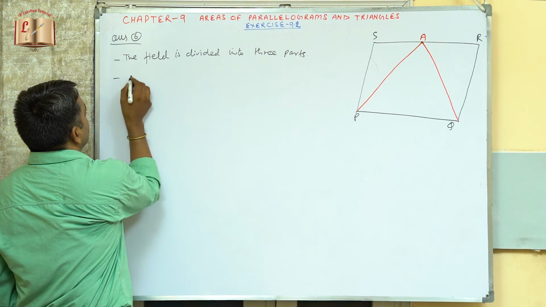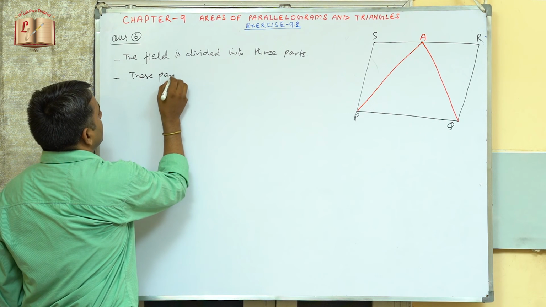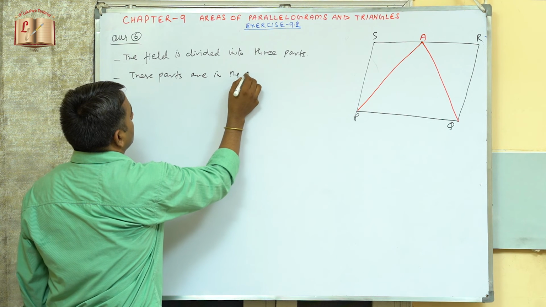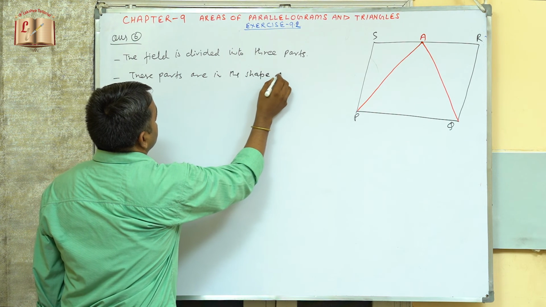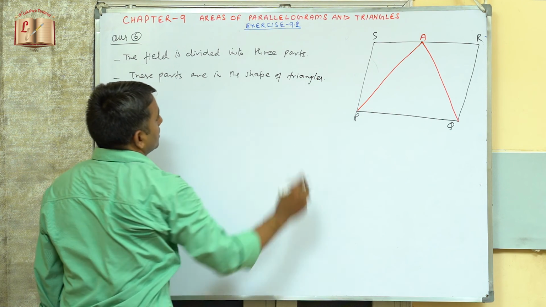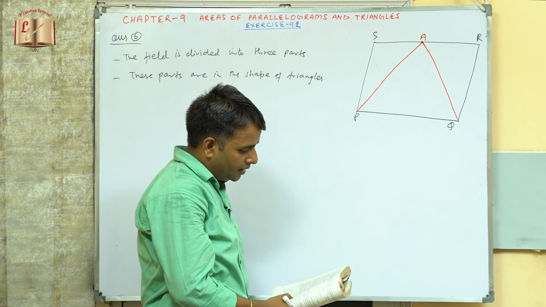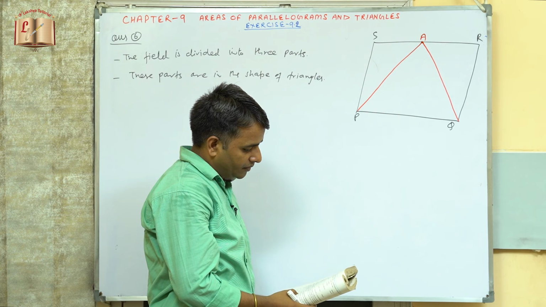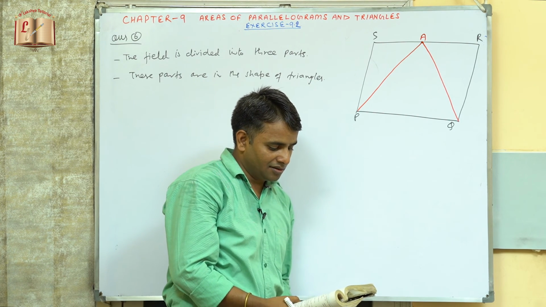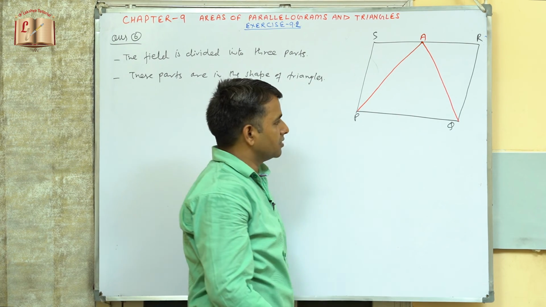These parts are in the shape of triangles. The farmer wants to sow wheat and pulses in equal portions of the field separately. How should she do it?